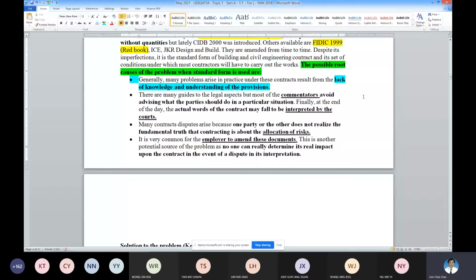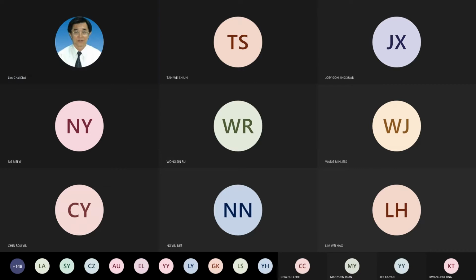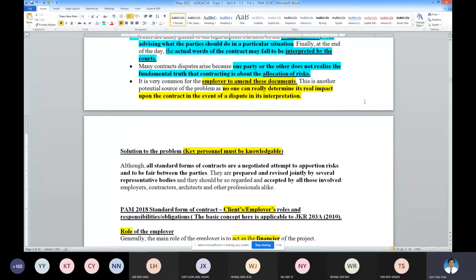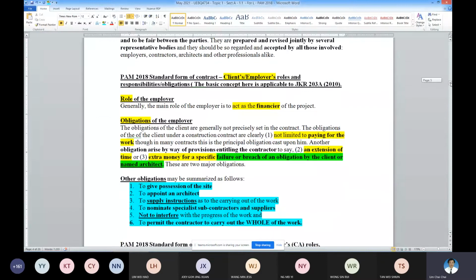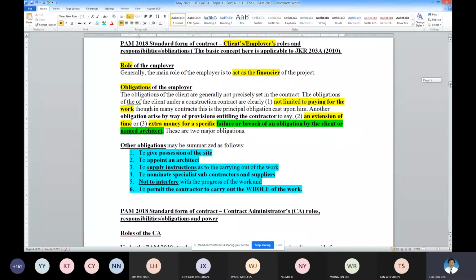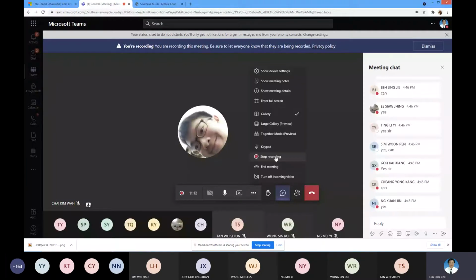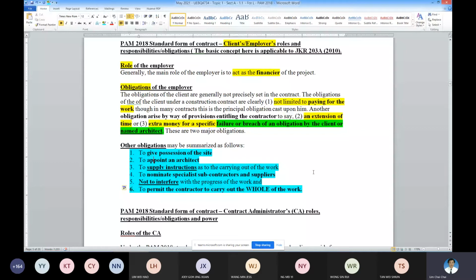Okay. Stop sharing. Can you see now? Can or not? Yes, can, okay, good. Okay, so can you see now again? Because when I go back, sometimes the screen share is missing again.